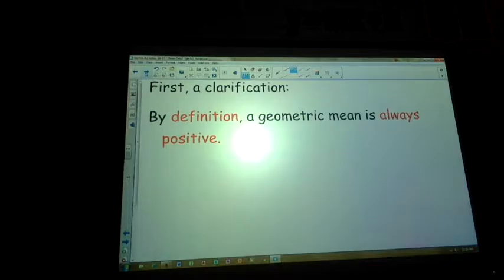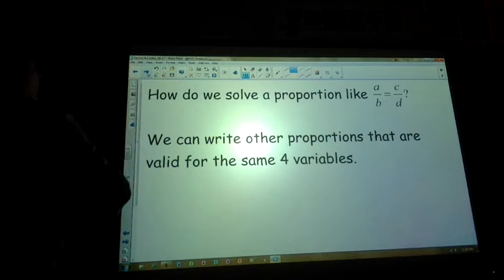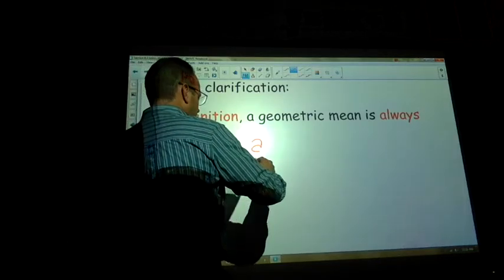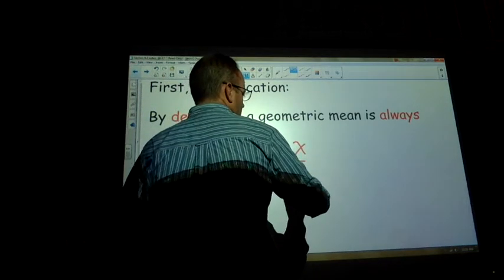Okay, cool. How do we solve the proportion like a over b equals c over d? Oh, wait, I'm going to go back one slide. Okay, so a over x equals x over b.